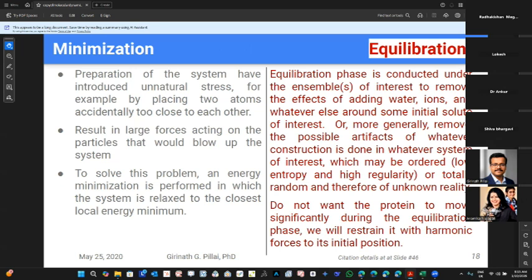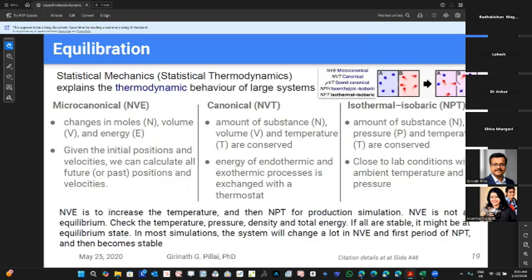And we do not want the protein to move significantly during this equilibration phase. So we will restrain it with harmonic forces to its initial position. That's very important because if the protein itself moves from its initial position, coming out of the box doesn't make sense, right? So within the box, we have to tether it, and then make sure the protein is there.